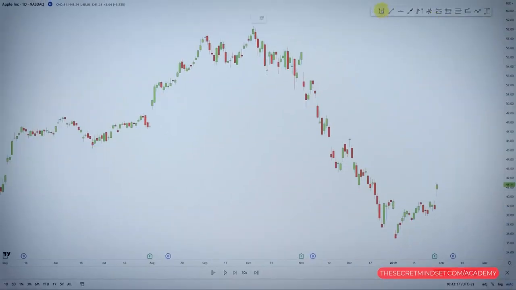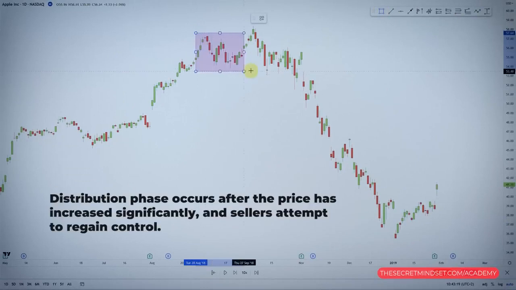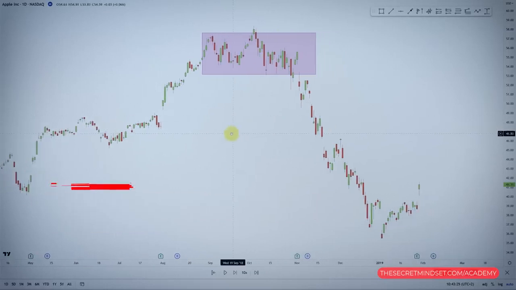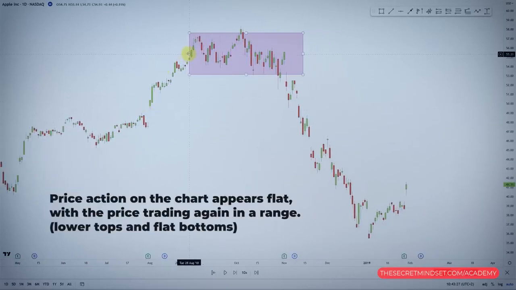The distribution phase occurs after the price has increased significantly and sellers attempt to regain control. As a result, the price action on the chart appears flat, with the price trading again in a range. Lower tops and flat bottoms generally characterize the range.